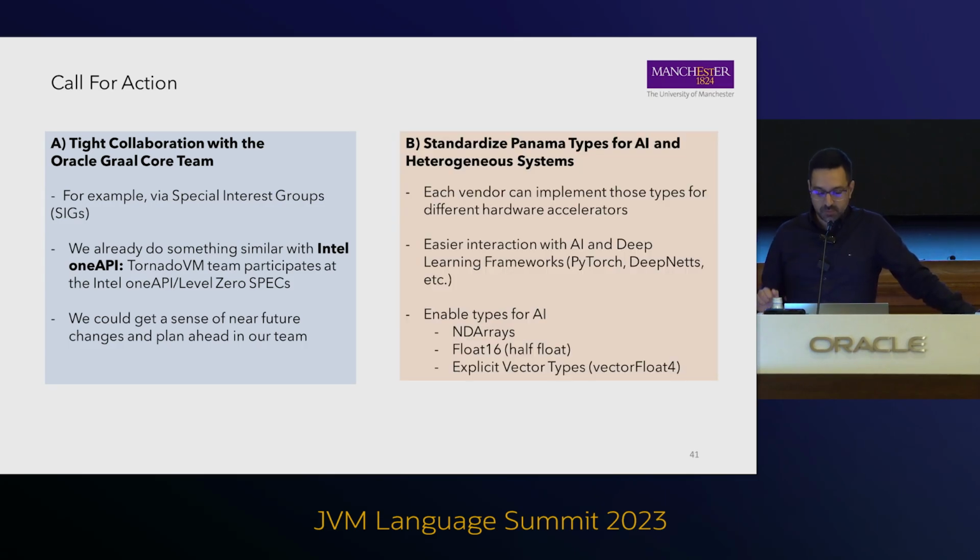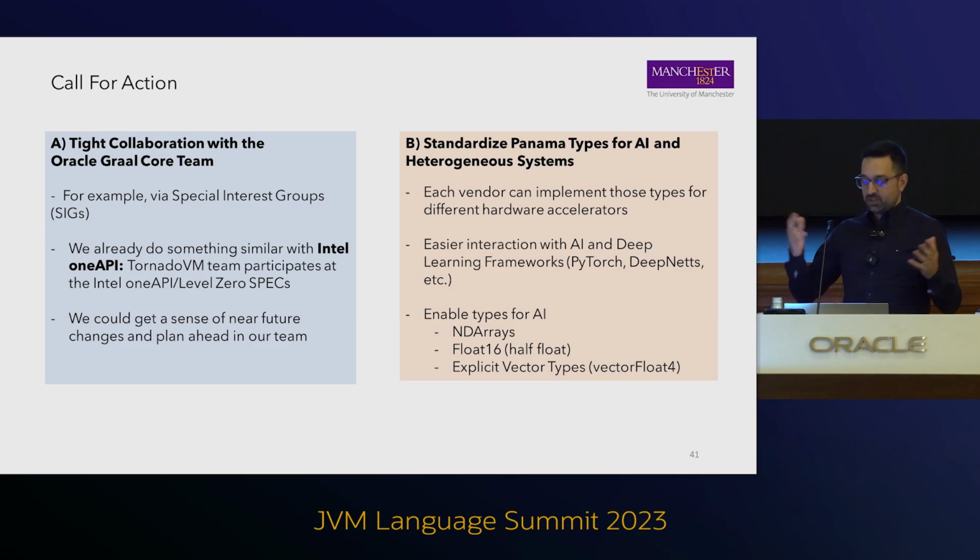The second point I want to mention, and I'm glad Gary mentioned this before, is that now that you have Panama, you have, in my opinion, a huge opportunity to define new types for AI and heterogeneous systems. For example, ND arrays, tensors, half floats, and so on and so forth. What I would like to see is a standard definition of types, and then each vendor can implement those types accordingly.